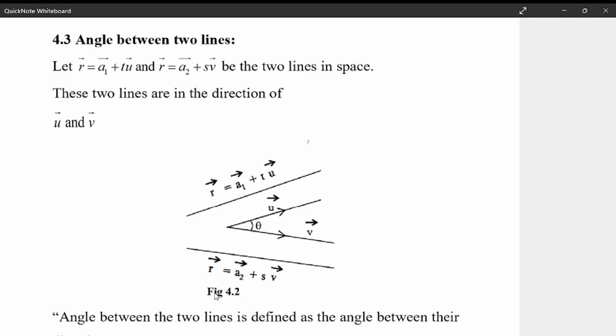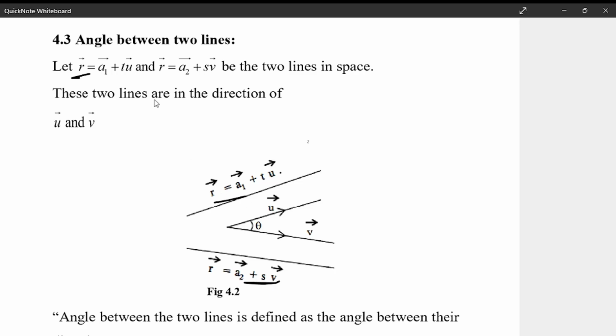Now, in this part of lesson 3, which is the angle between two vectors, let R be equal to A1 plus TU be the vector equation of one line, and another, R equals A2 plus SV, be any two lines in space. These are the vector equations of the lines.